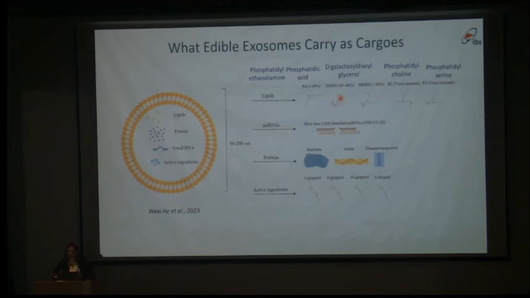For example, hepatocytes will engulf the certain type of exosomes only, whereas bacteria engulf more of phosphatidic acid or DGDG present lipids on the exosomes.